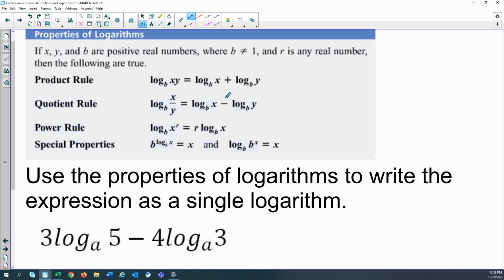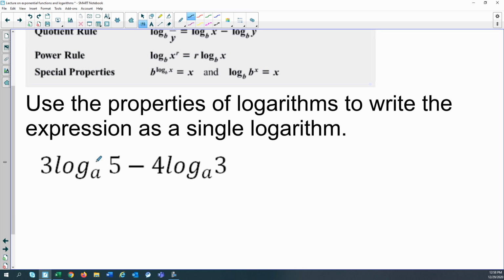This subtraction is leading us to the quotient rule. So we have two different rules happening here. Before you get to the quotient rule, you should move your values up using the power rule.